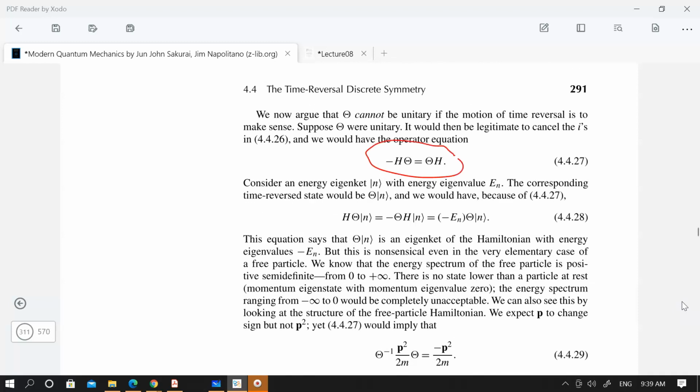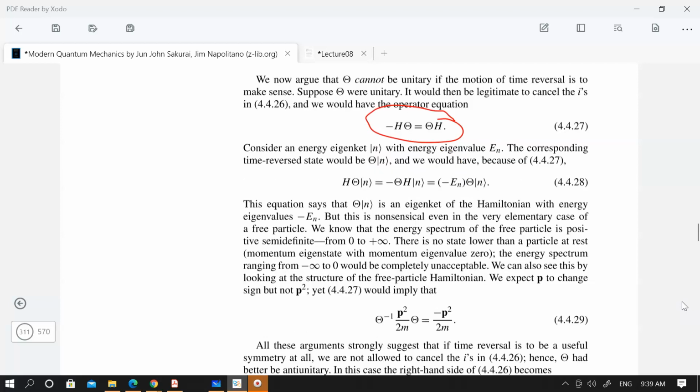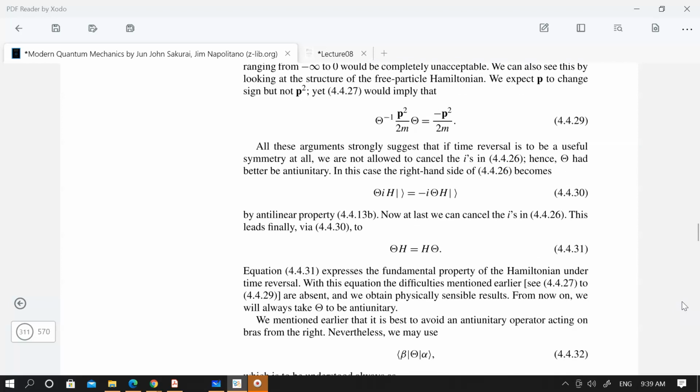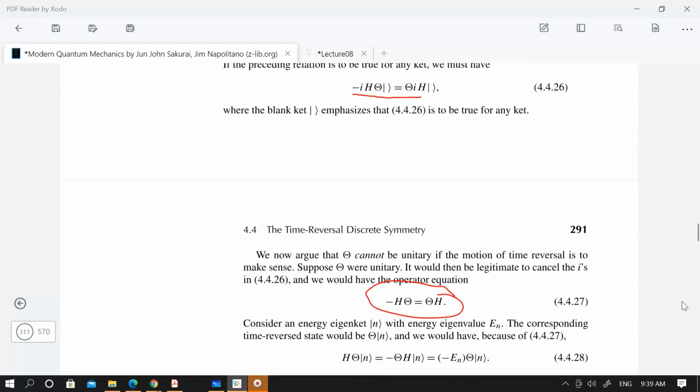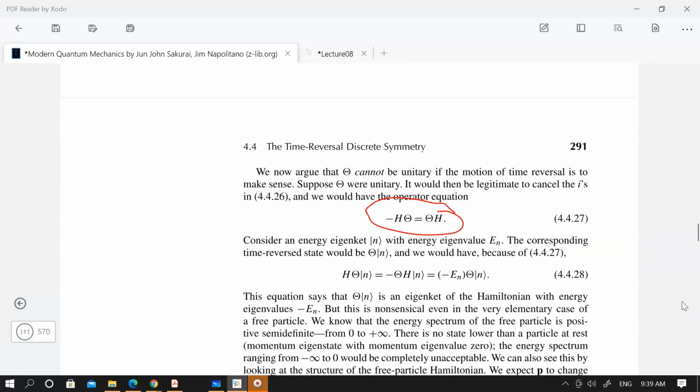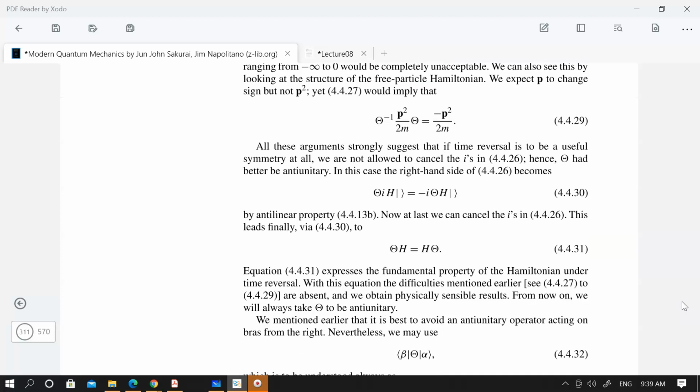This equation will imply what I call contradictory results. But the right equation is to say that this i that appears in the previous equation also gets turned into a minus i.